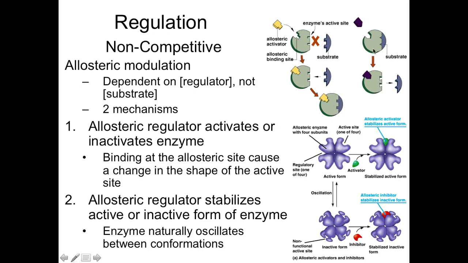And in this case, the allosteric regulator is turning off the enzyme. So this is the allosteric inhibitor. This is the allosteric activator. Okay, you have your active site where the substrate wants to bind. In the case of allosteric activation, if there's no activator in the allosteric site, then the substrate is not capable of binding.